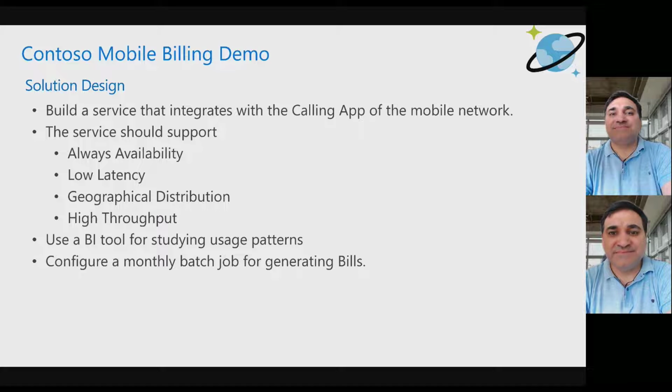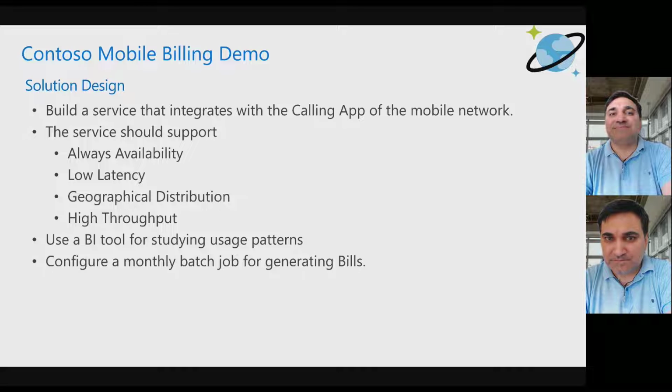Since the customers are going to be anywhere in the world, we need our service also to be geographically distributed. And since we are talking about millions of customers making calls at the same time, we need a service which has a high throughput. Since all of these are perfect candidates for Cosmos DB, we are going to use Cosmos DB as the backend database for this service.